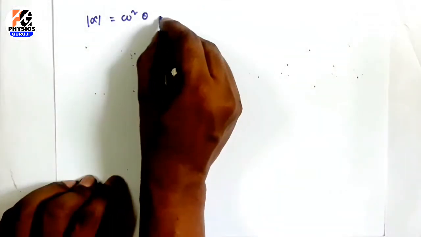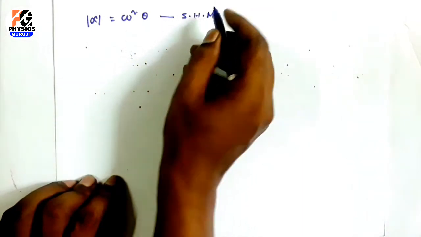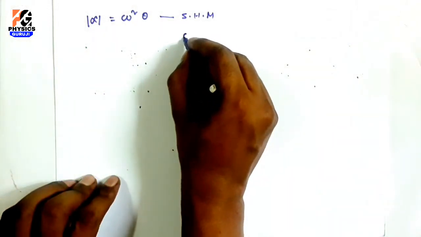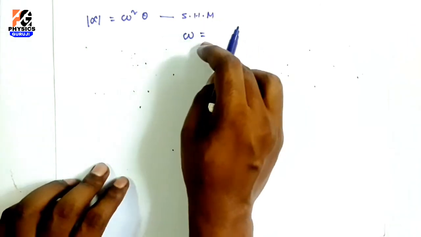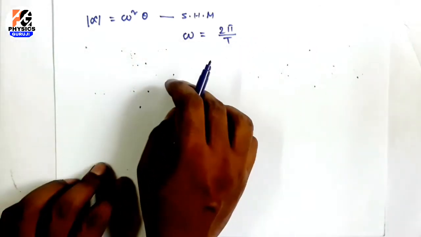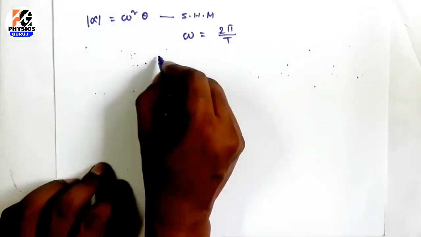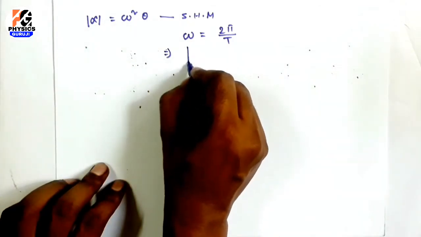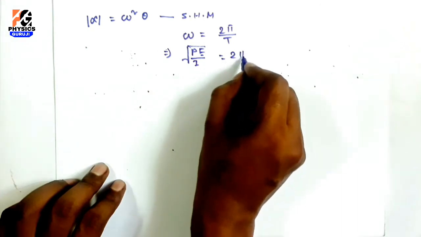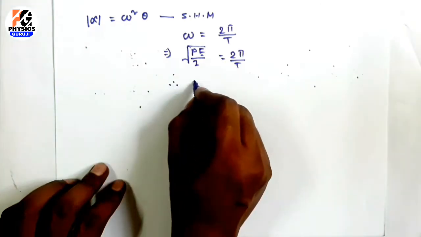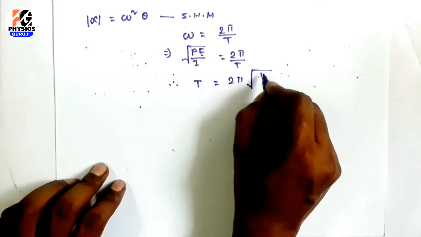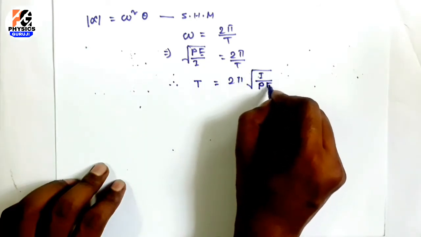It is the equation of simple harmonic motion, where omega is the angular frequency, and omega is equal to 2 pi by T. So from this equation I get omega equal to root over PE by I, equal to 2 pi by T, and therefore the time period of oscillation T equals 2 pi root over I by PE.